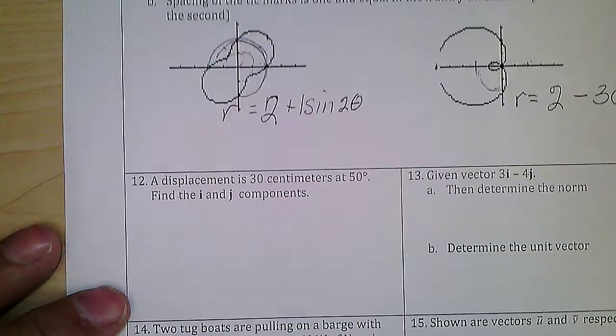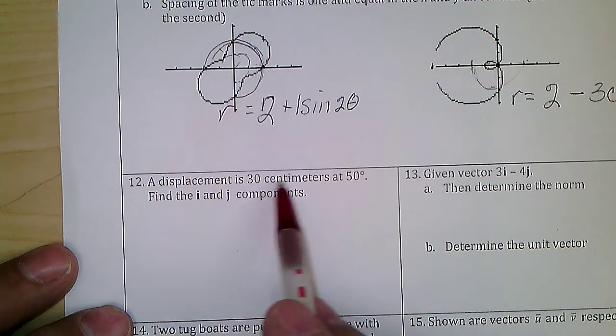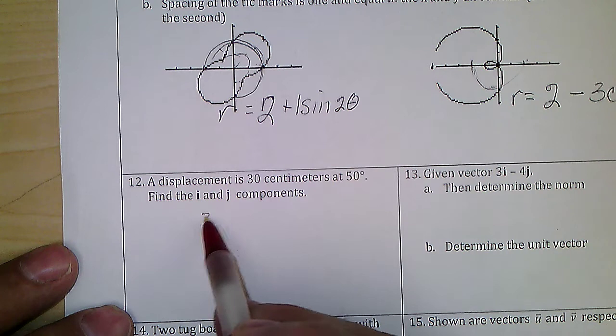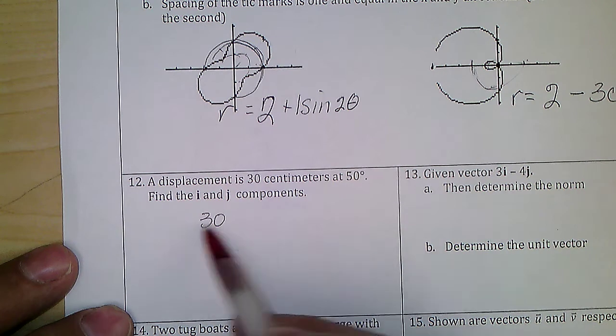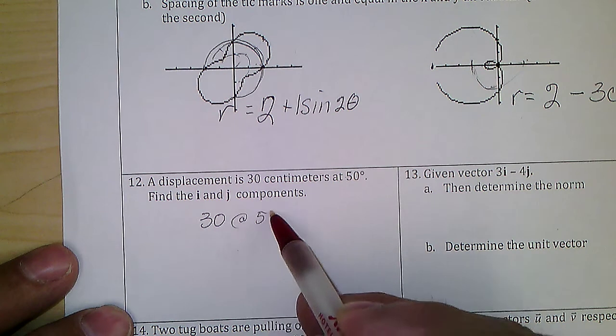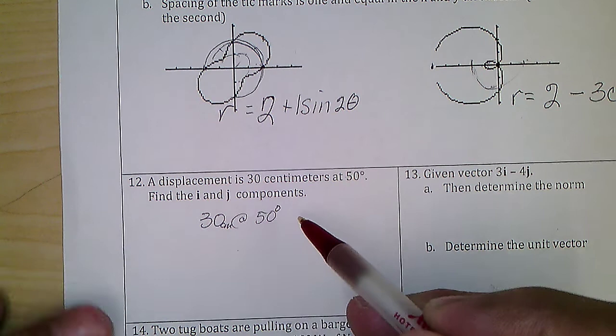All right, now some vector problems. A displacement of 30 centimeters at 50 degrees, in i and j. So 30 is the magnitude, and the angle is 50 degrees.